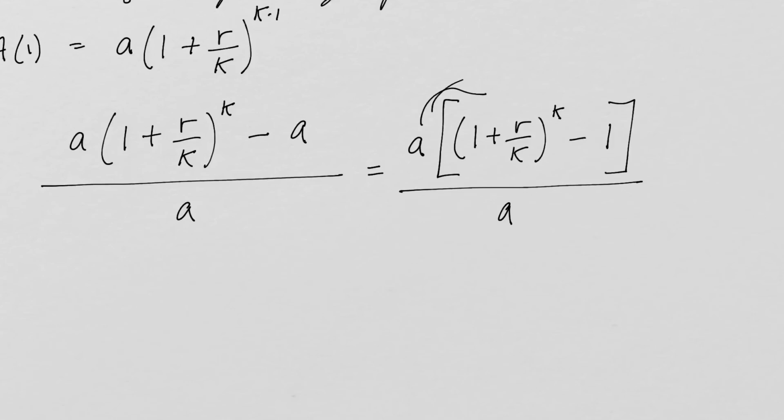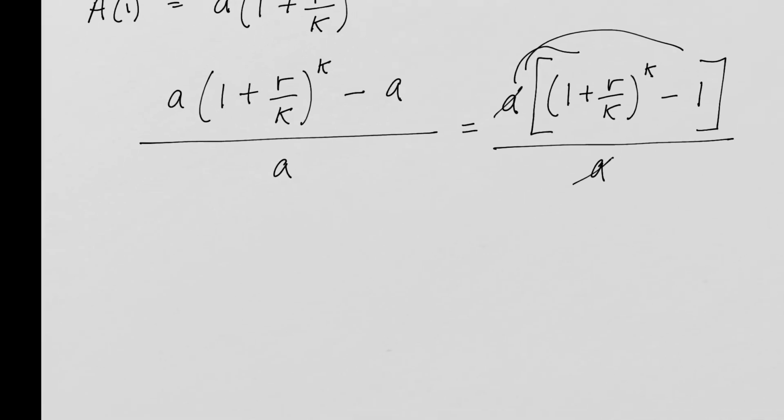If I distribute this back in, I'll get what I started with. So I'm taking out the A, and notice here that I can cancel these A's. So actually, that's the equation for the APY.